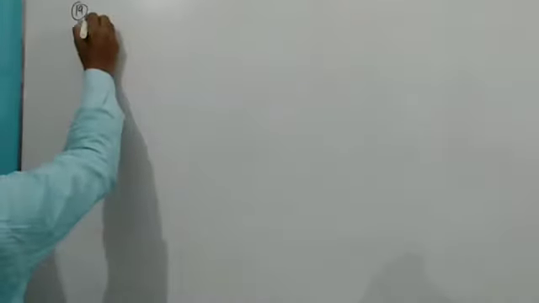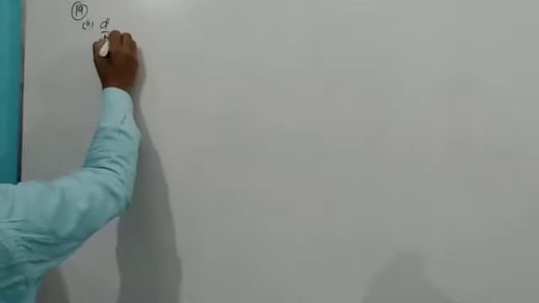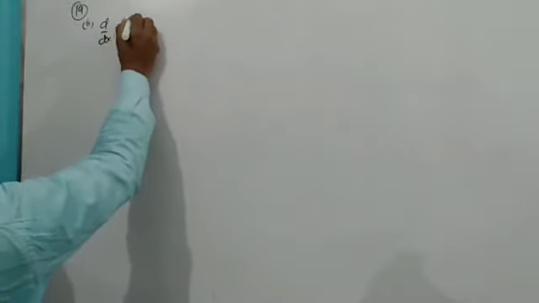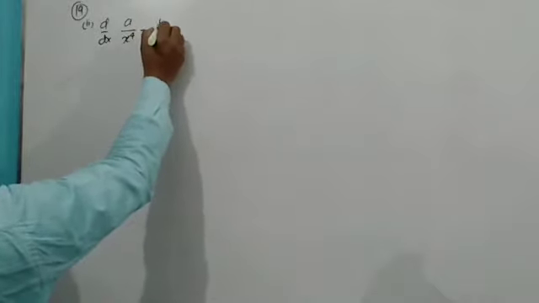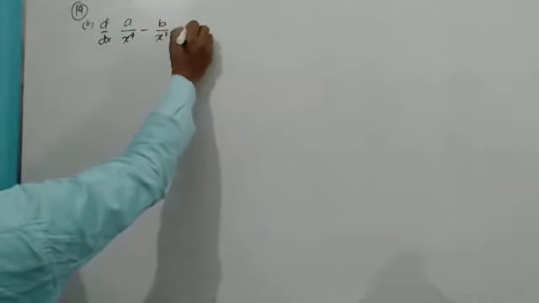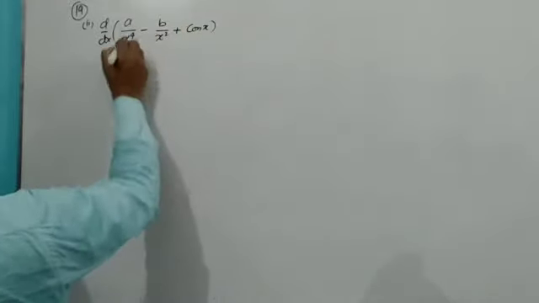Now, as I told you, a few more questions are there with us. Okay, 19 second part you can do. See, 19 second part is there. d dx of a upon x to the power 4 minus b upon x square plus cos x.